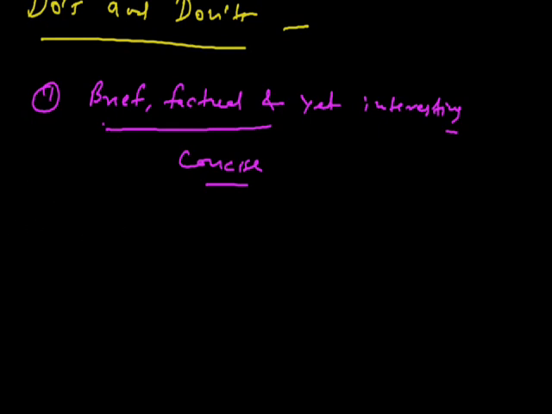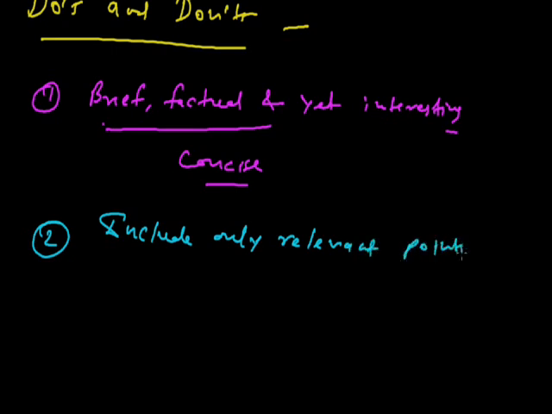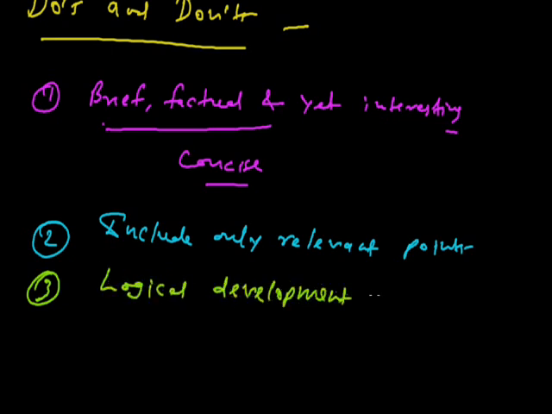So the second thing is it is a brief review of a situation and it should include only relevant points. There should be a logical development of ideas, events, etc. See guys, you can't put the horse behind the cart, or who will pull the cart?